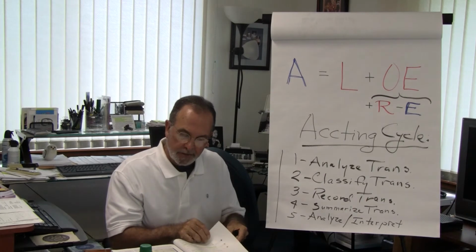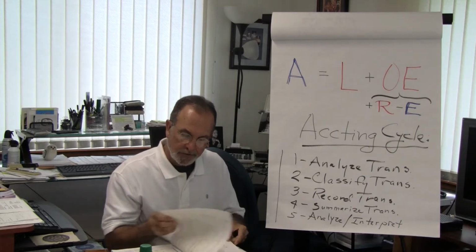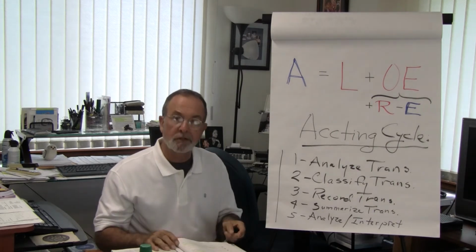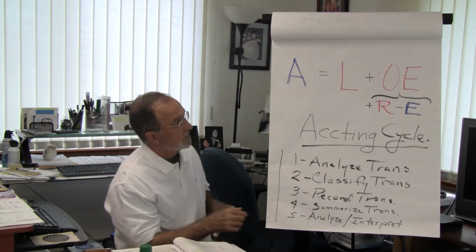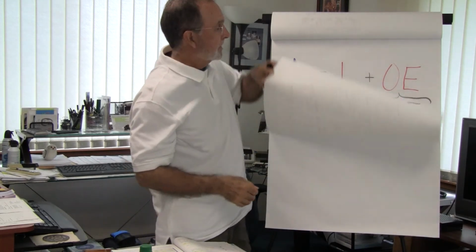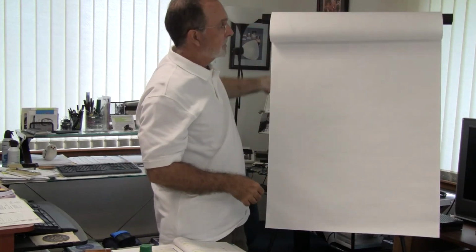Another concept that the chapter introduces is the concept of a T account. Now, a T account is basically a shortcut that we use in accounting. It's a shortcut for the journalizing and posting to the ledger process.